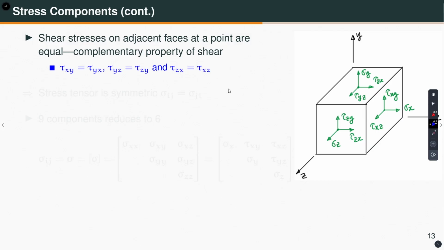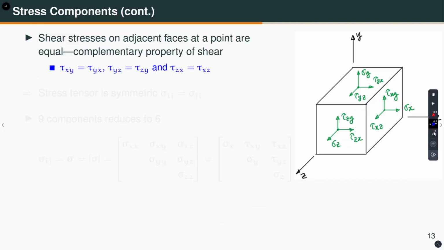Now, it can be shown that the shear stresses on adjacent faces are equal. This is called the complementary property of shear, which I am not going to derive in this course. I am sure all of you have done the derivation considering equilibrium in your undergraduate mechanics course. For example, consider the state of stress at a point.